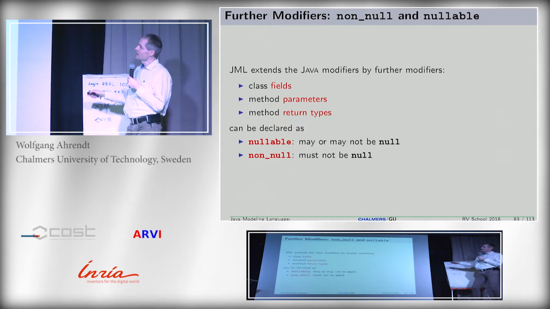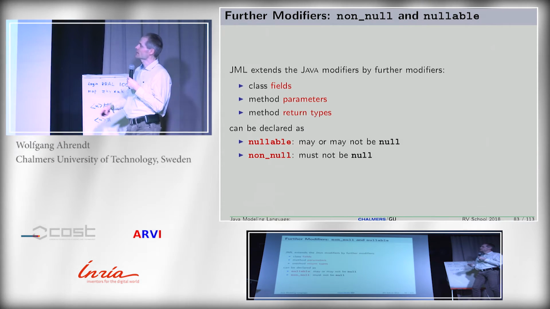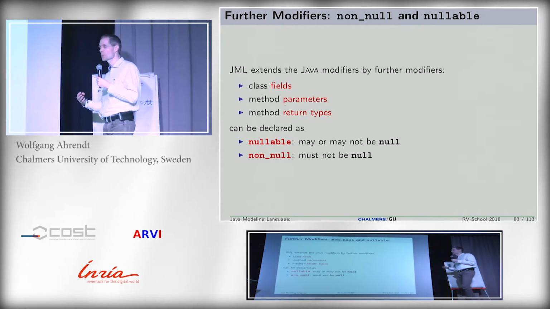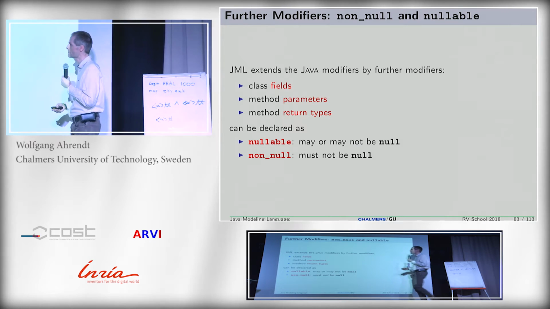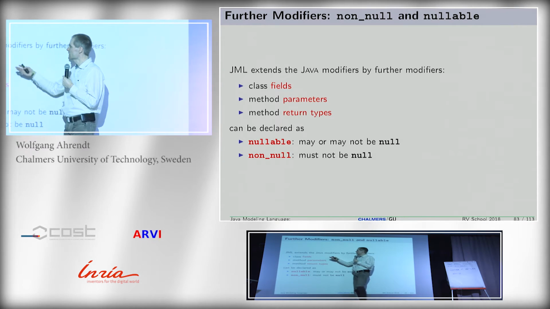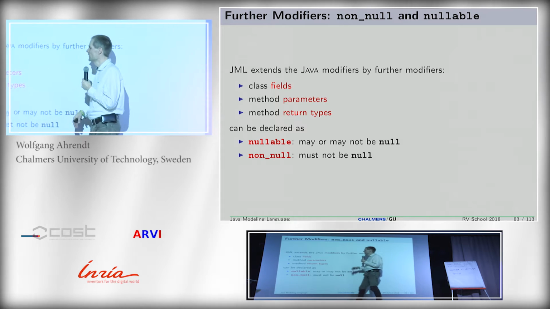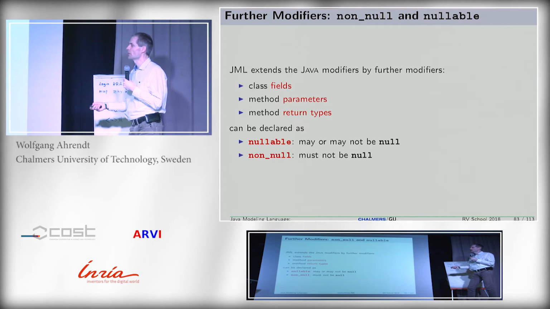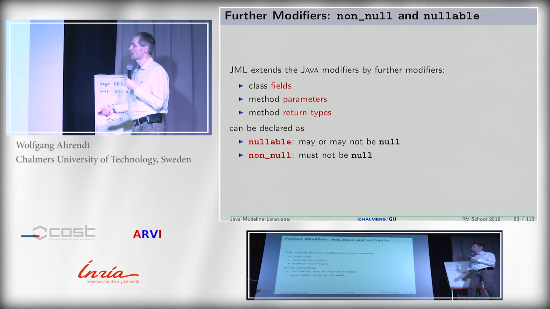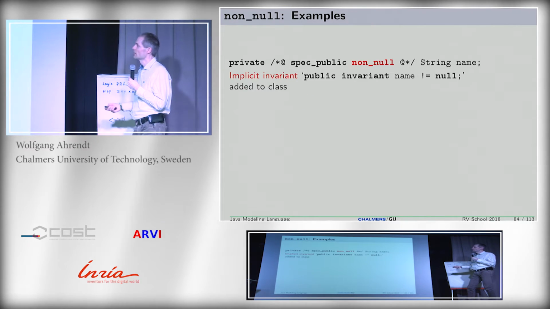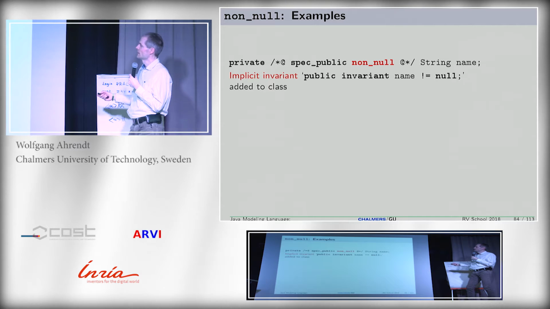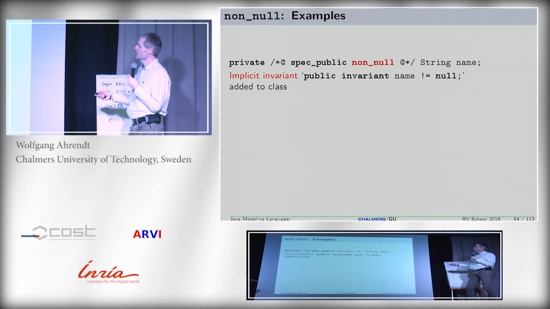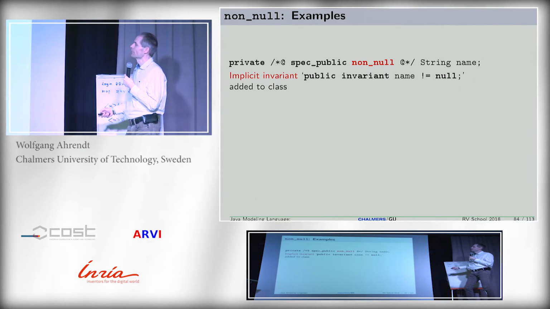Okay, then another discussion point is null. Null is a constant headache to everyone who works with specifications. Class fields, method parameters, returns, they may or may not be null. And they can be declared, we can allow null or disavow null. For instance, we can say that this field here should never be null.